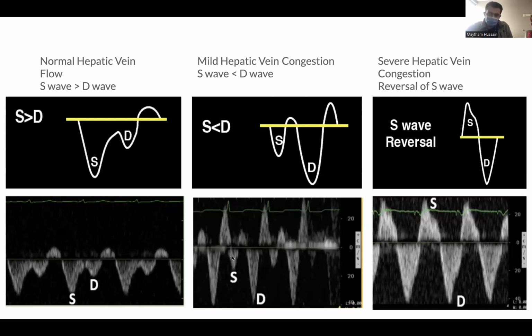So you can see here that the S wave is shorter than the D wave segment. And then when there's severe congestion, you'll get reversal of the S wave, and you'll get a negative deflection towards your probe. And as you can see here, it's just S and D waves, and there's nothing in between.